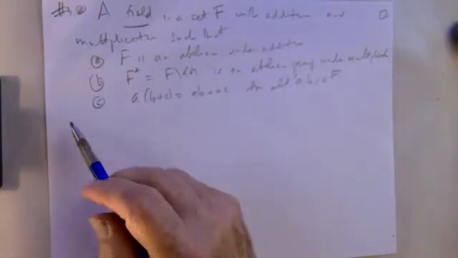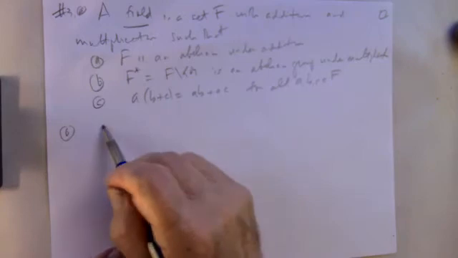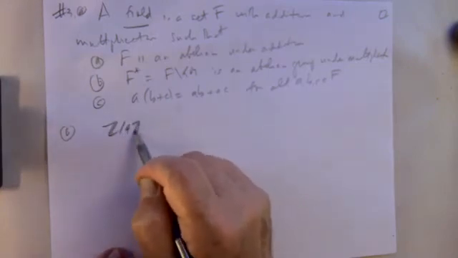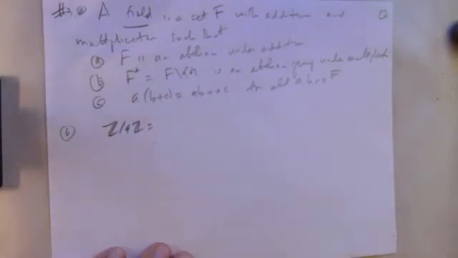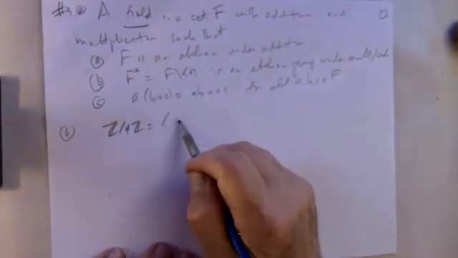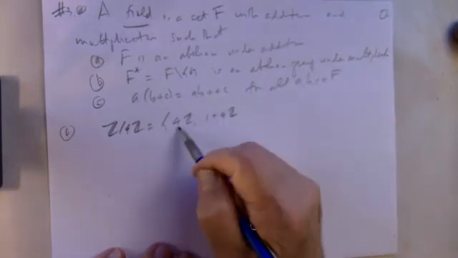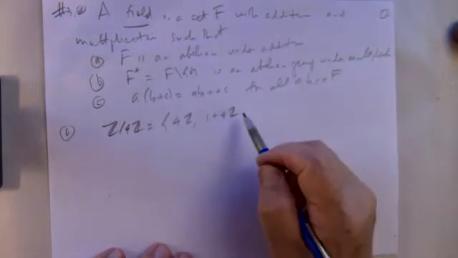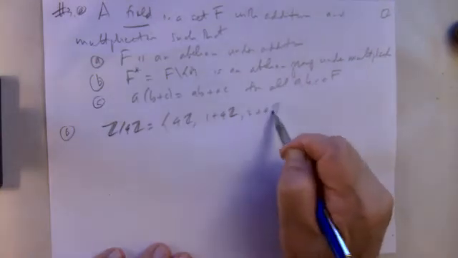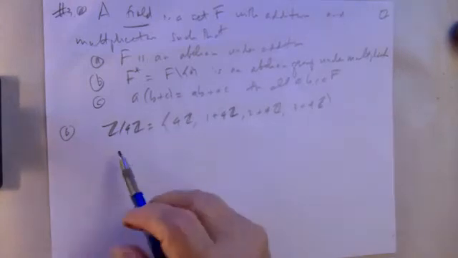And if you take Z mod 4Z, which consists of the congruence classes 4Z, 1 plus 4Z, this is the same as 0 plus 4Z, all multiples of 4, 2 plus 4Z, and 3 plus 4Z.